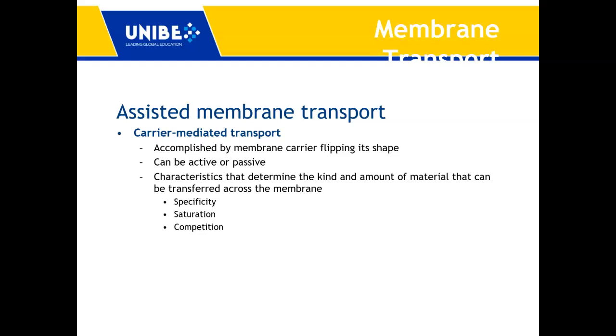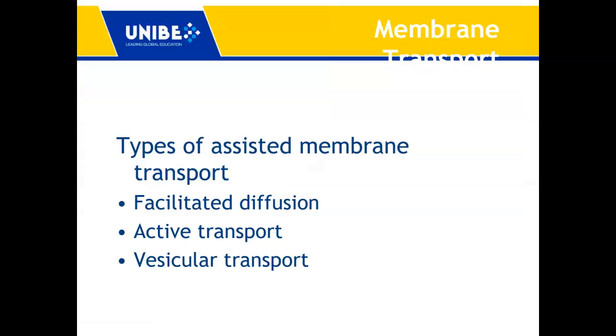So we talked about simple diffusion and a subtype, which is osmosis. Then we're going to continue with another type of passive transport, which is assisted membrane transport, which can be facilitated diffusion or carrier-mediated transport. Either way, the idea here is that we're moving things from an area of higher to lower concentration, but in this situation we are doing it through a channel, through a doorway.